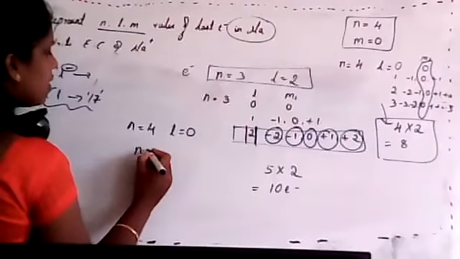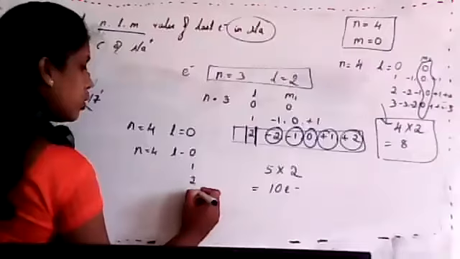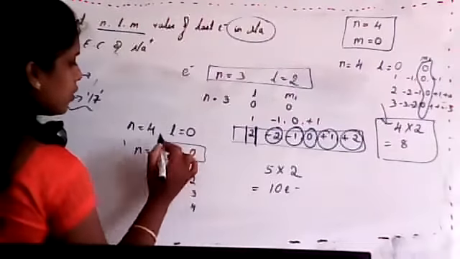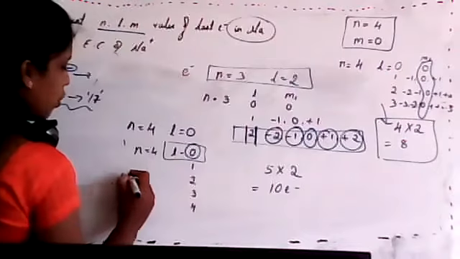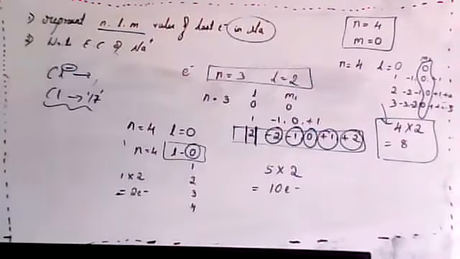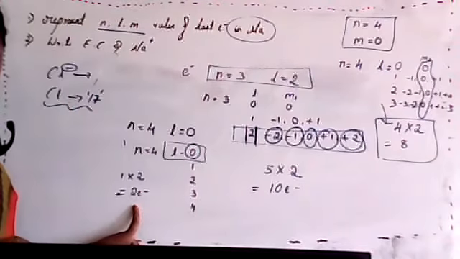Again, for n equals 4 we have the values L 0, 1, 2, 3, but we have to consider only this one, L equals 0. That means there is only one orbital, and one orbital's capacity is 2 electrons. That's why it is 2 electrons. Is this clear, Shraddha? So that's why we got 2 electrons.